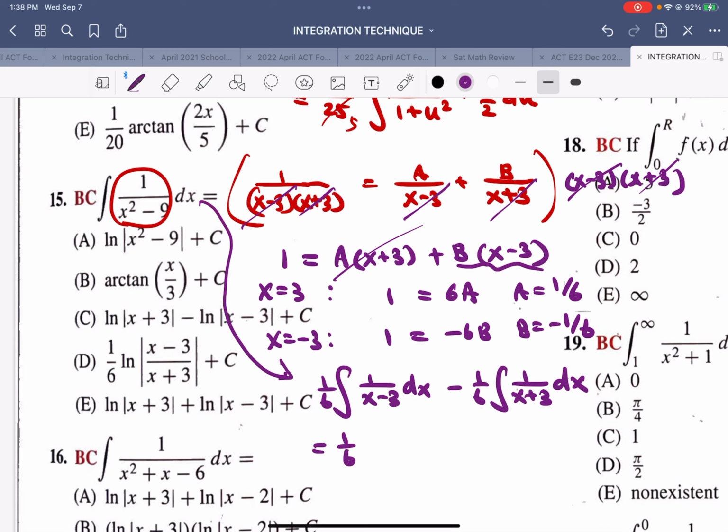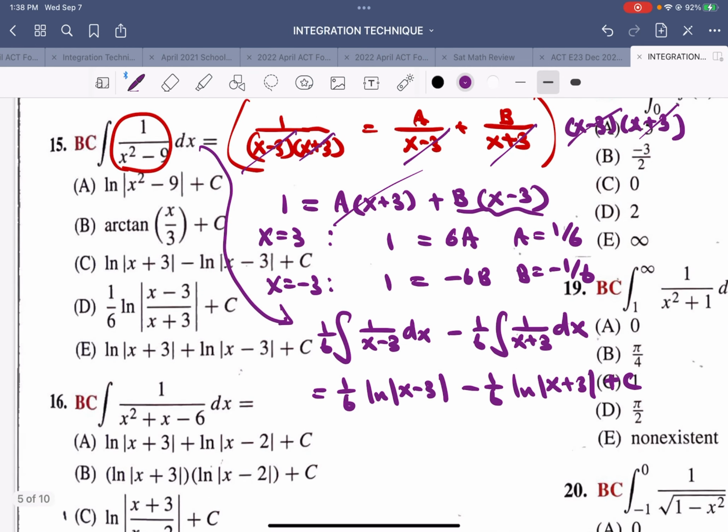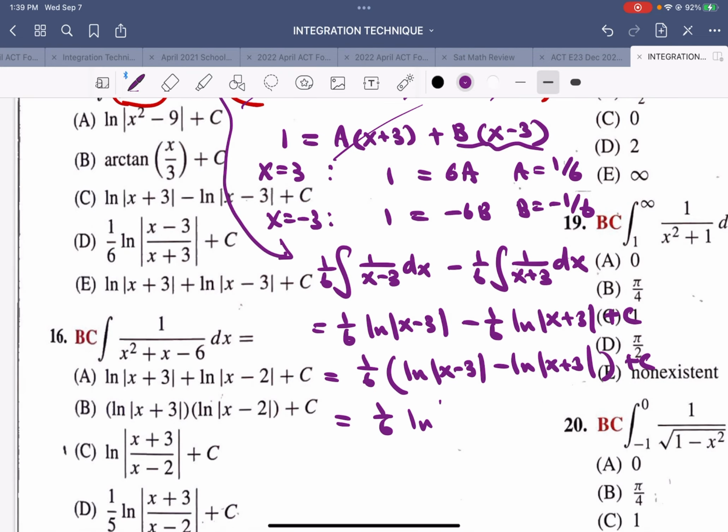Now 1 over 6 ln of x minus 3 minus 1 over 6 ln of x plus 3 plus c. Okay, it looks like they combine. So when you take out 1 over 6, ln x minus 3 minus ln x plus 3, plus c, then use one of the logarithm rules: 1 over 6 ln of x minus 3 over x plus 3, plus c.